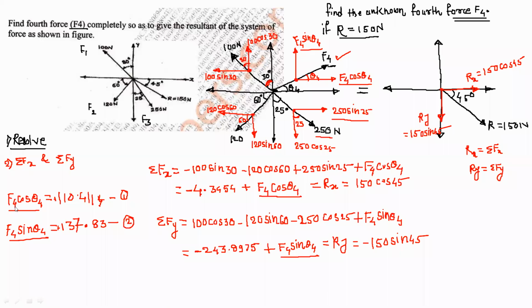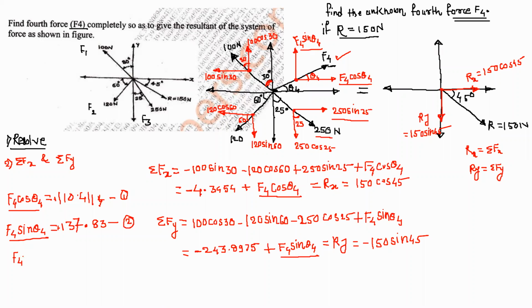Now we will calculate the value of F4, that is the magnitude, and its angle. So to find out the F4, we have to just square both the values.